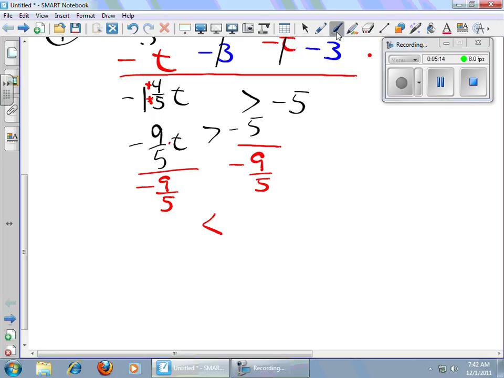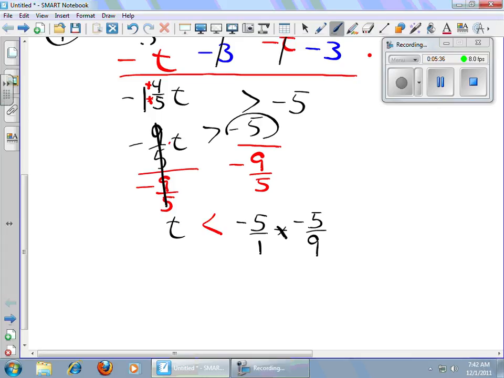All right, the easy side is, boom, I just get t, right? This side becomes negative 5 over 1 times negative 5/9. Remember, dividing by a fraction is the same as multiplying by its reciprocal. Some people call that a copy times flip.